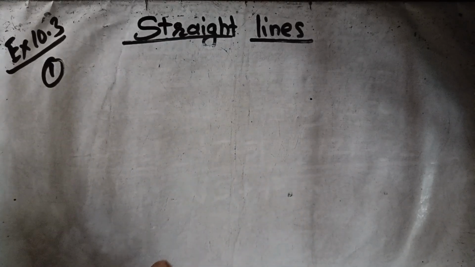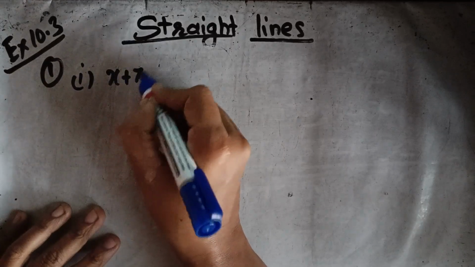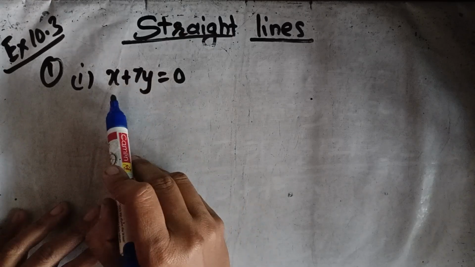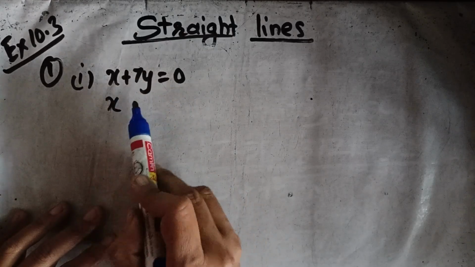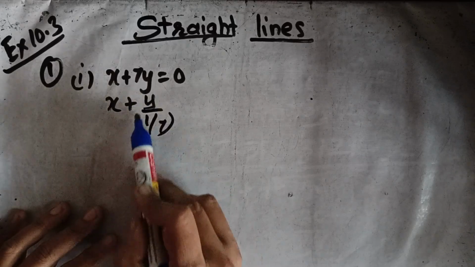Okay, so take the first equation, x plus 7y equal to 0. Now here c is 0.